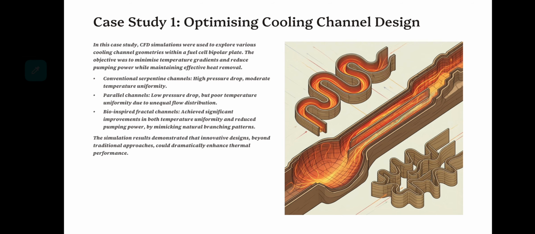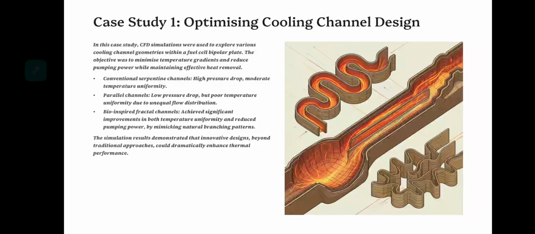Case study 1: optimizing cooling channel design. In this case study, CFD simulations were used to explore various cooling channel geometries within a fuel cell bipolar plate. The objective was to minimize temperature gradients and reduce pumping power while maintaining effective heat removal. Conventional serpentine channels: high pressure drop, moderate temperature uniformity. Parallel channels: low pressure drop, but poor temperature uniformity due to unequal flow distribution.